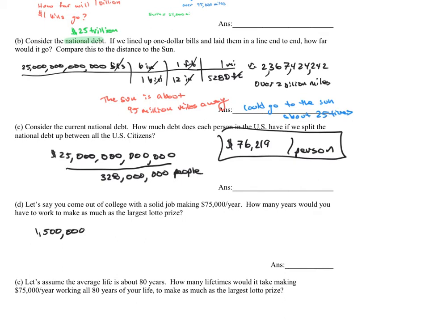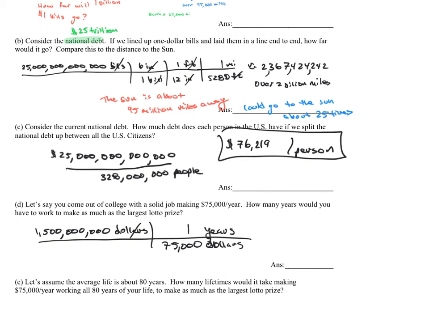So it's 1,500,000,000. That's $1.5 billion, right? And that's how much money it is. And then what we make is $75,000 in 1 year.